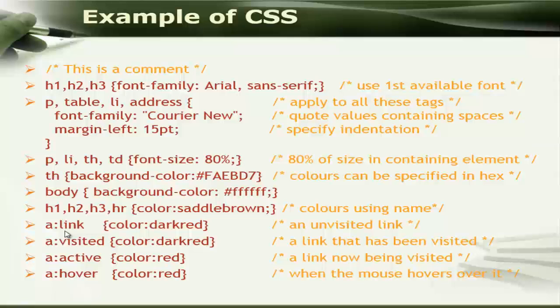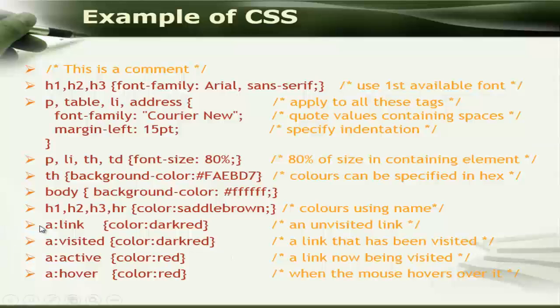So, for example, if you have an anchor that is a hyperlink, and if somebody hovers on that hyperlink, I want this rule to be applied. If the mouse pointer is not on top of it, then just show the darkened color. If it is visited again, make it dark. If it is active, not yet visited, then show it in the red color.